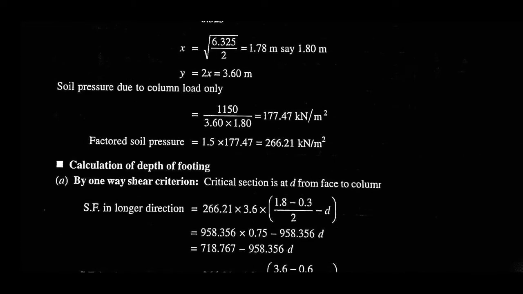So here 266.21 is Pu multiplied by 3.6, that is the longer side of the footing, within bracket 1.8, sorry, that is the shorter side of footing, minus 0.3, that is column, by 2 minus d, that is equal to 958.356 into 0.75 minus 958.356 d, that is equal to 718.767 minus 958.356 d.